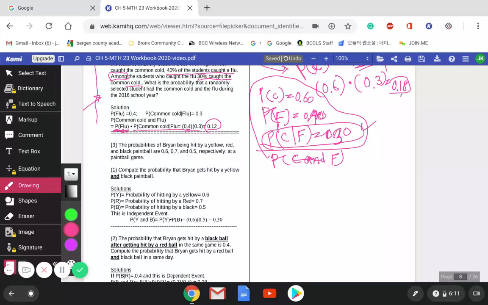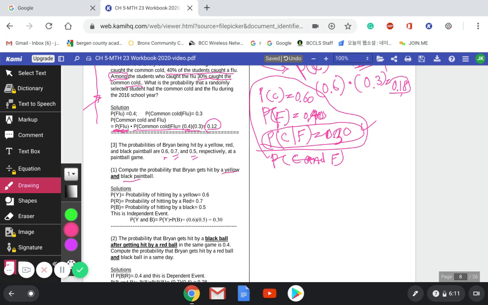Now another example. The probability of Brian being hit by yellow, red and black paintballs is 0.6, 0.7, and 0.5 respectively at a paintball game. Now they want to compute the probability that he got hit by yellow and black.